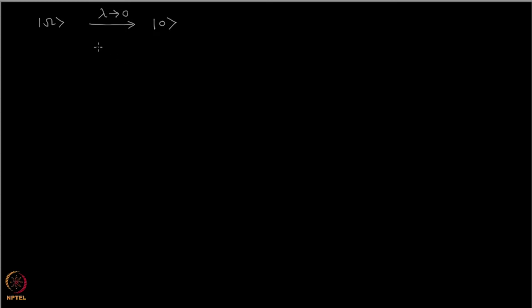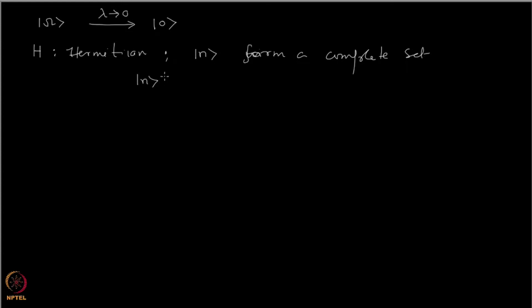Now remember that the Hamiltonian H of the full theory, the Phi-4 theory, is Hermitian. So its eigenstates, which I will label as ket n, will form a complete set, which basically means that this is identity.